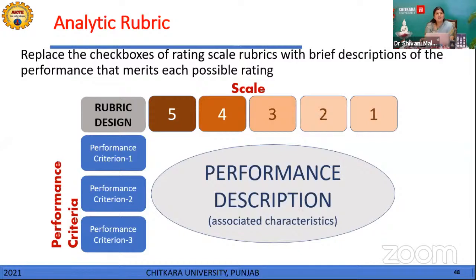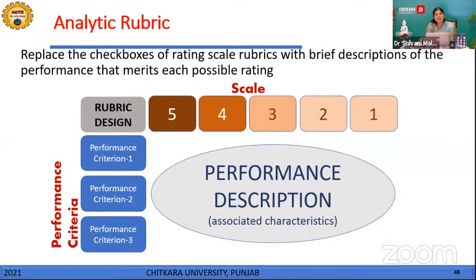Next is analytic rubrics, right? So in engineering or in these education systems, we generally use analytic rubrics and holistic rubrics. In the case of analytic rubrics, the checkboxes of rating scale rubrics, which are now being changed to brief descriptions, right? And what are those descriptions?